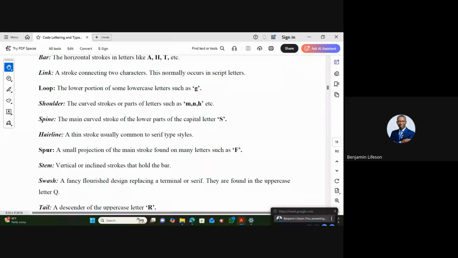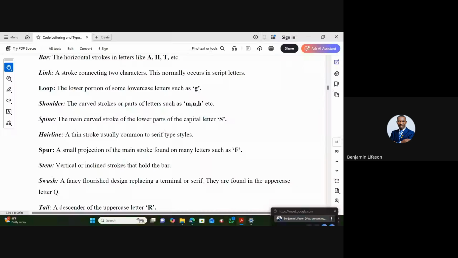The spine is the main curved stroke of the lower part of the capital letter S. That is what we call the spine.